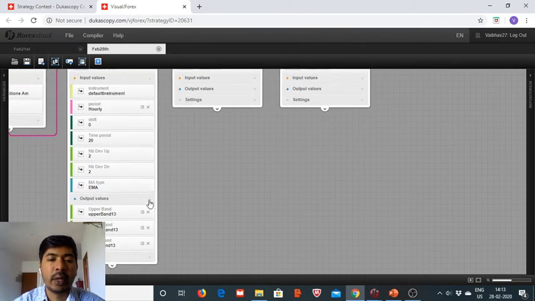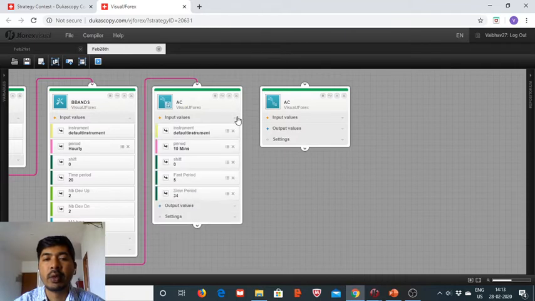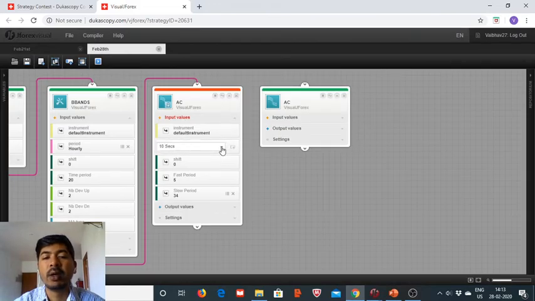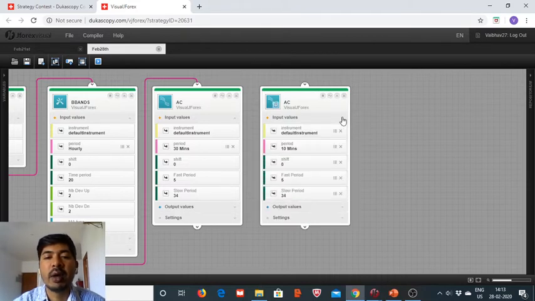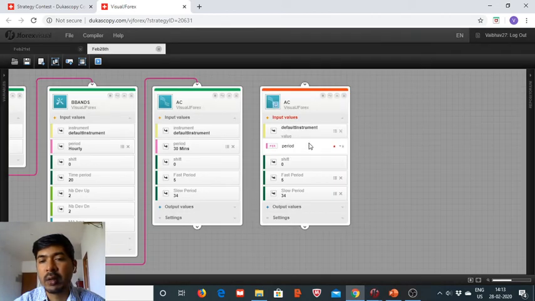Here we will need to connect this block of the Bollinger band with the AC2 block, and as I explained while looking at the chart, it's better if we keep the time frame at half an hour, not hourly, for the acceleration deceleration oscillator.